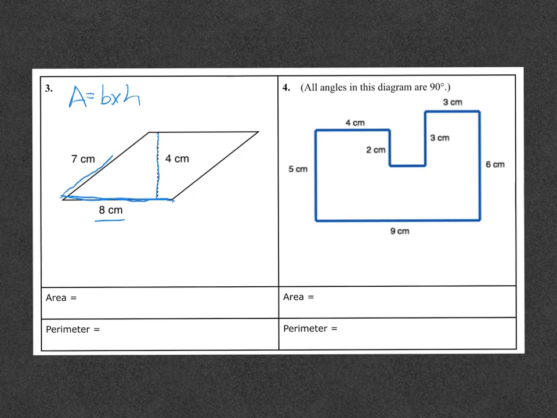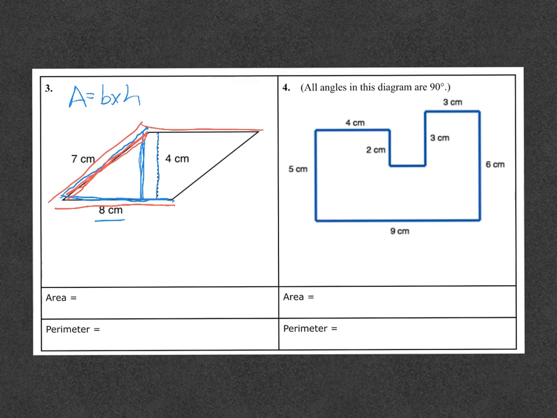Climb up the side of the mountain, drop a rock, straight down. That's your height. Don't confuse it with the length of this side, which is 7. You won't use that for area, but you will use it for perimeter. Because again, remember, perimeter is all 4 sides added together.